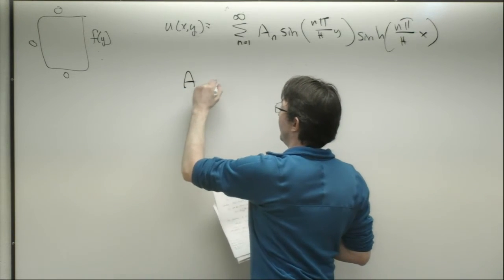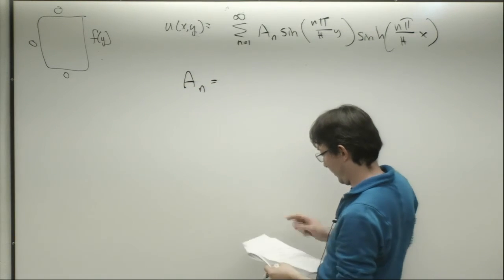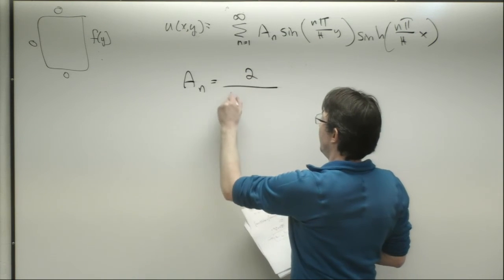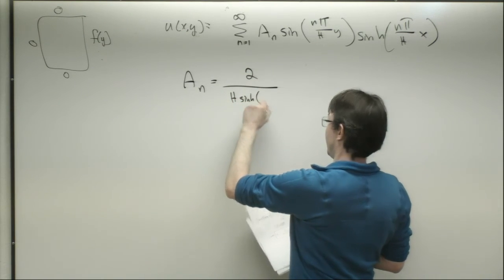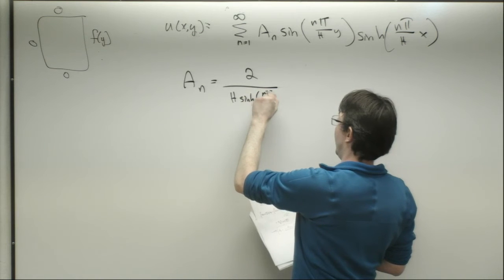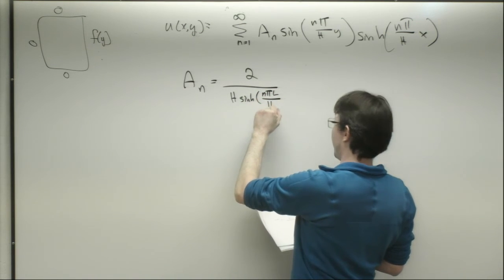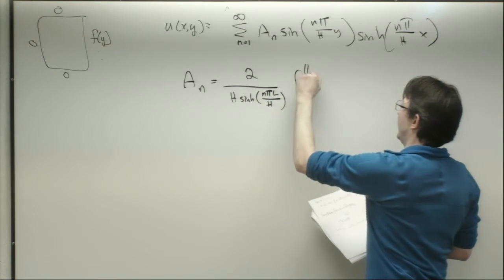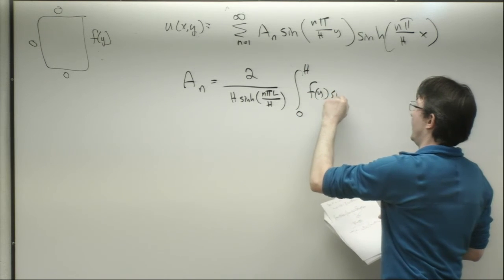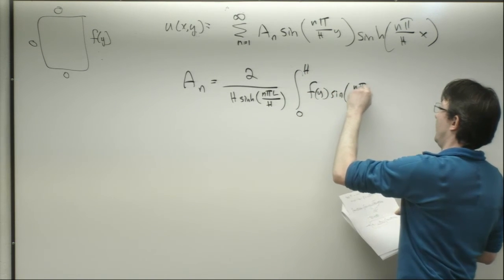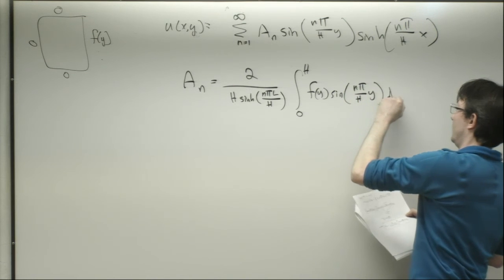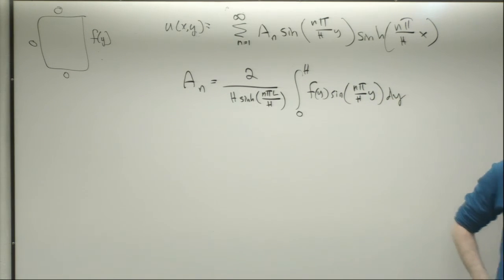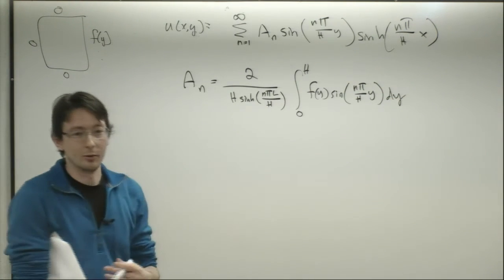We had a_n equals some horrible expression like 2 over H sinh(n pi L over H), times the integral from 0 to H of f of y times a sine wave in y, dy. Now this looks terrible, but it's actually not terrible.